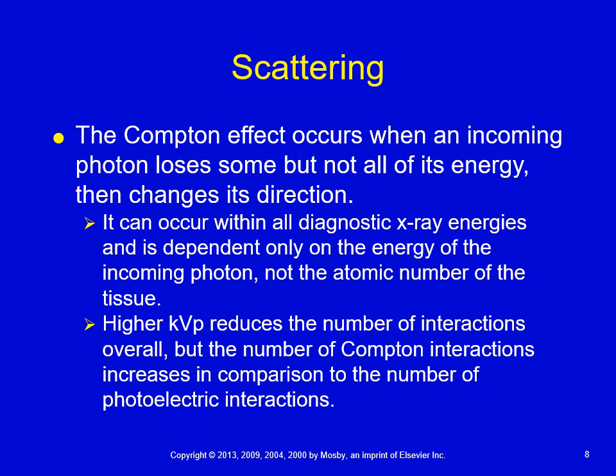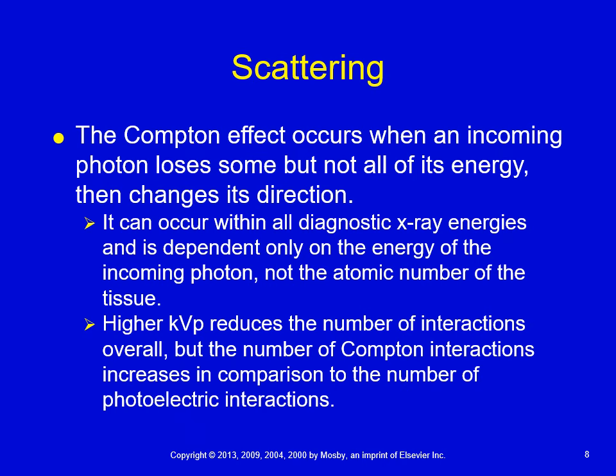But as far as image quality is concerned, this is where we use either a grid to clean up scatter, or we collimate to clean up scatter. Again, scatter creates what we call fog on the image, so it detracts from the contrast that we would want to see from the image.